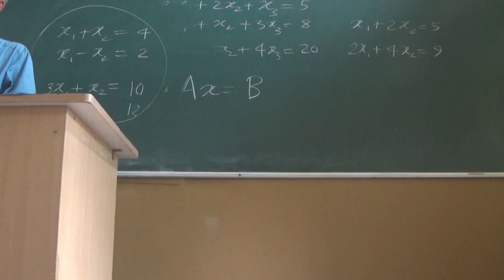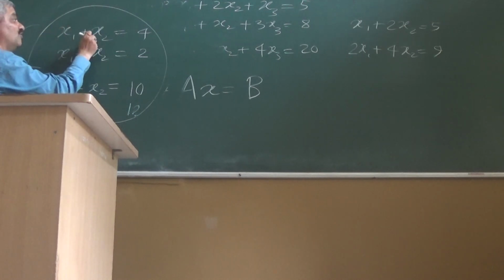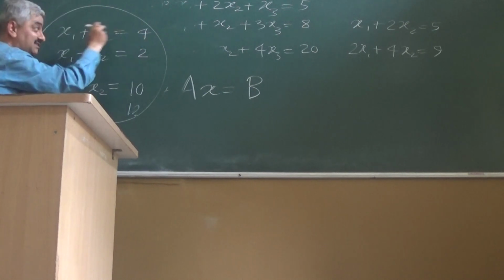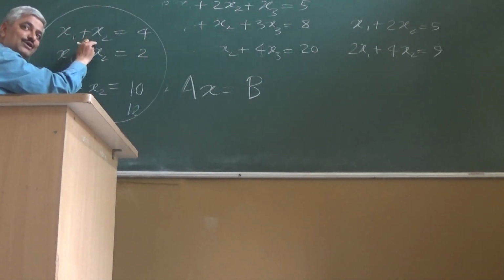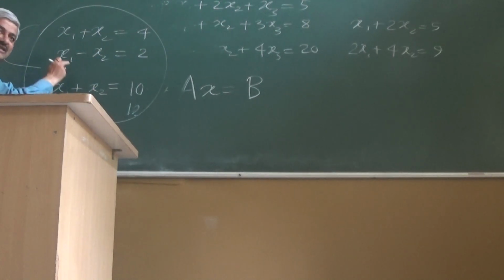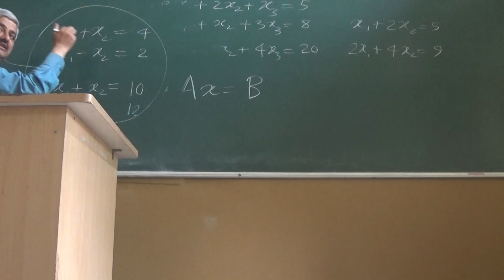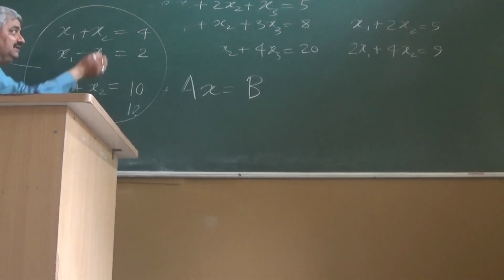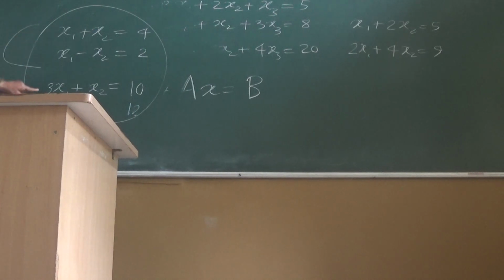That equation itself is created by a linear combination of the others. 1 into x1 plus 1 into x2 is some constant, 1 into x1 plus minus 1 into x2 is some other constant, whereas this is a linear combination of the two equations: 2 into 1 plus 2 gives this equation. So in a sense it is redundant. If it is 10, and if it is 12, then it is inconsistent.